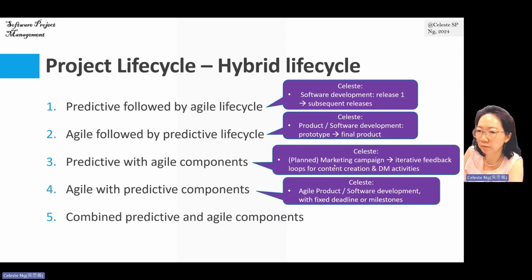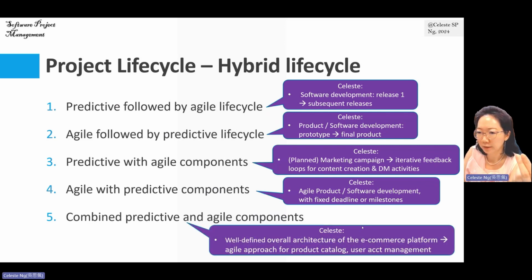And then the fourth type of hybrid project lifecycle is agile with predictive component, such that we build our product based on the agile product lifecycle, which is a combination of iterative and incremental. We start off with agile product and software development, and then in each of these, we have a fixed deadline or milestone, right? Agile with predictive component. Always remember the key characteristic of the predictive component is being fixed. So in this example, we have fixed deadlines or fixed milestones.